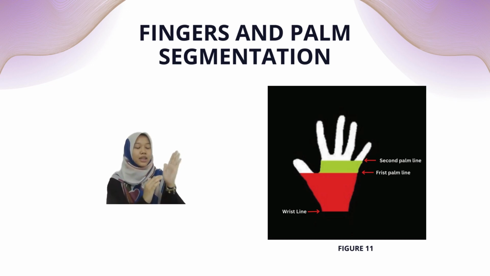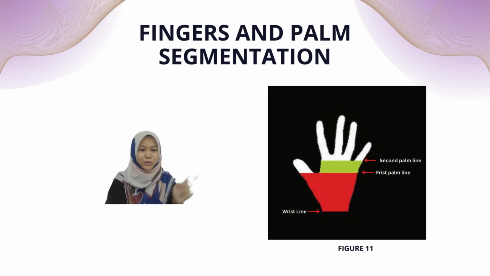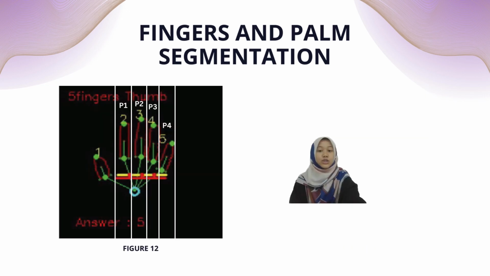If the white region is still there, it will go up and up and up by pixel until it comes to the thumb region, and it will stop, and then it goes up again, and again like that. So then we can see the palm line, it connected into two. You can see it in figure 9 there.